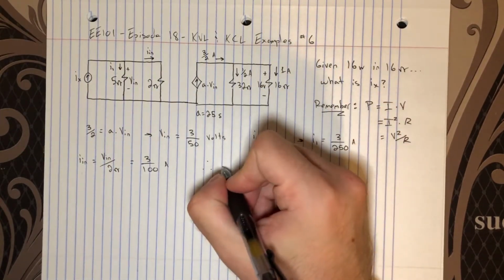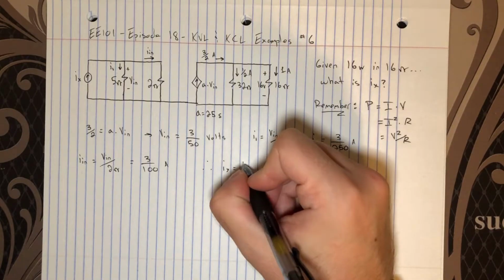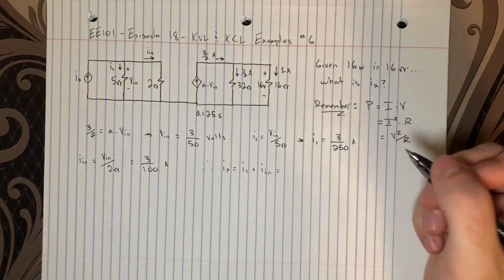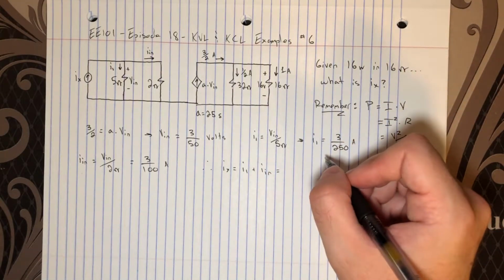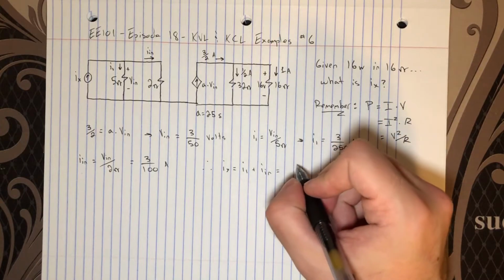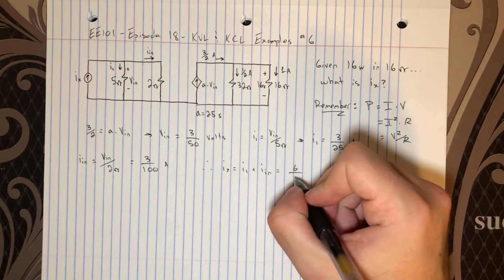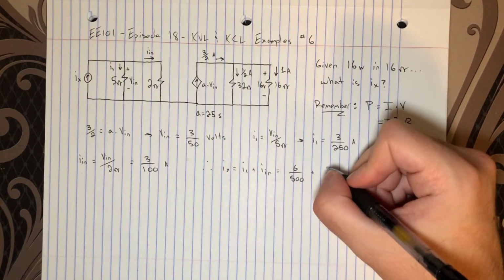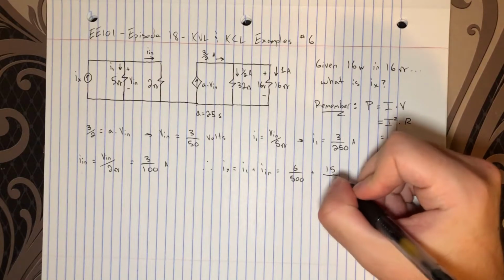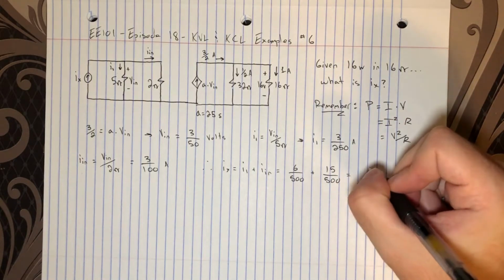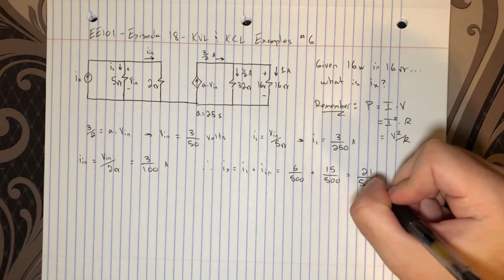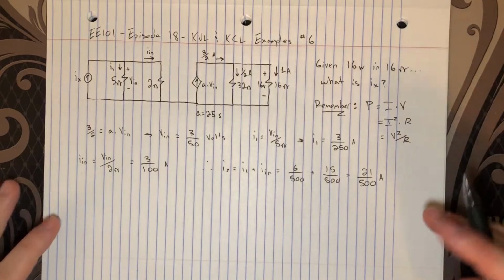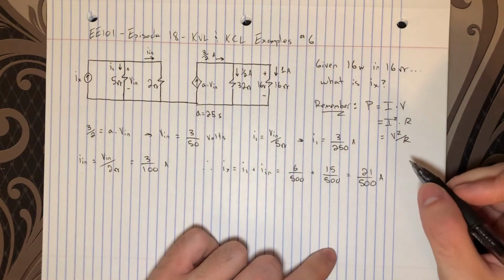Therefore, Ix equals I1 plus In, which equals, and I'm going to normalize the denominators here, 6 over 500 plus 15 over 500 equals 21 over 500 amps.